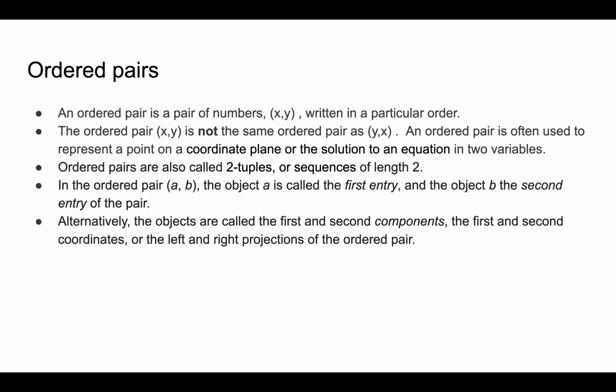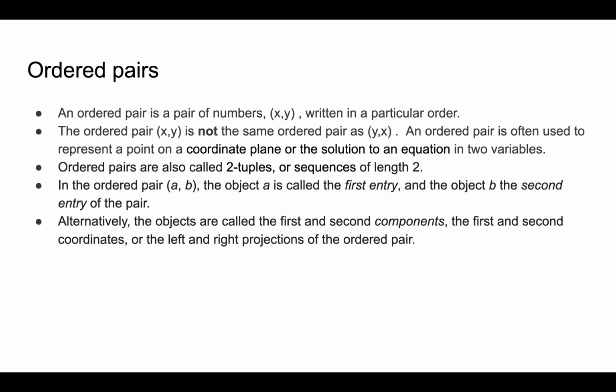Same is the case with XY. X is the first entry, Y is the second entry. Then alternatively, the objects are called the first and second components, the first and second coordinates, or the left and right projections of the ordered pair.